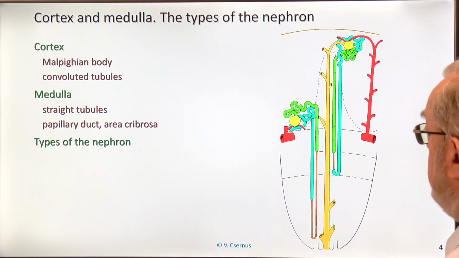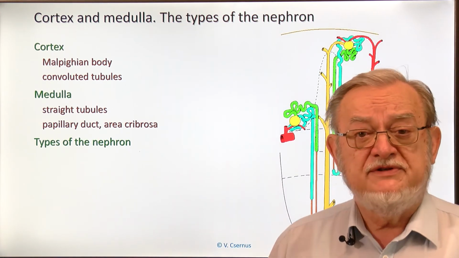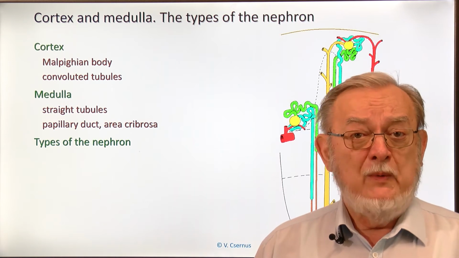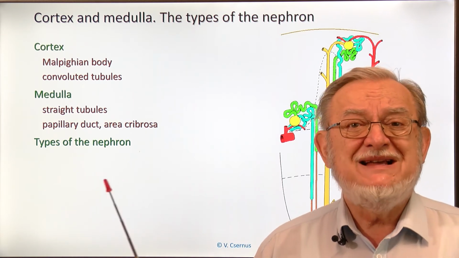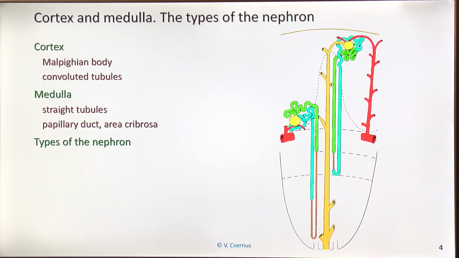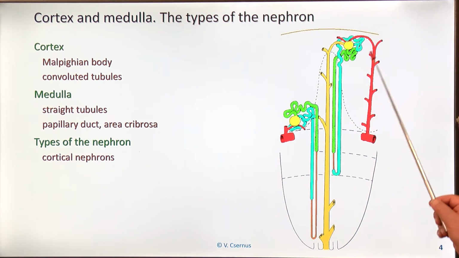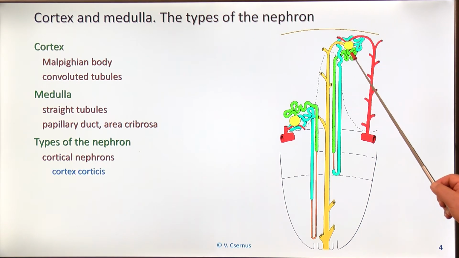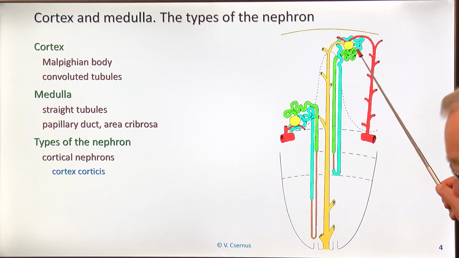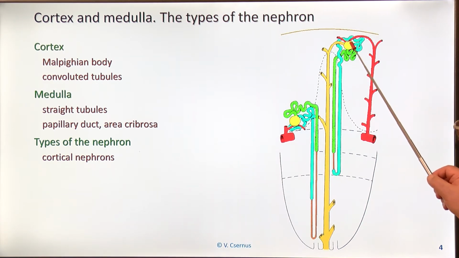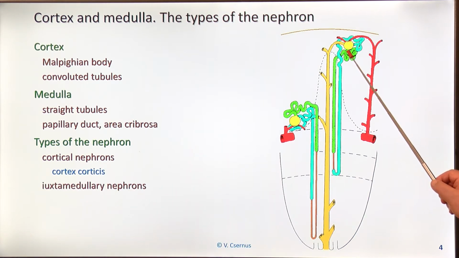The nephrons, all of the nephrons look basically the way I described, but there are slight differences between them. Those nephrons which are very close to the cortex, which we name the cortical nephrons, are located in the cortex and are slightly different.